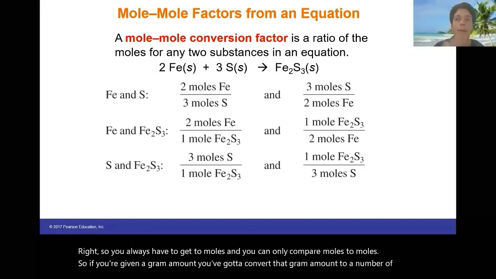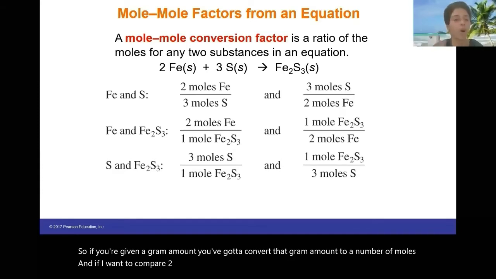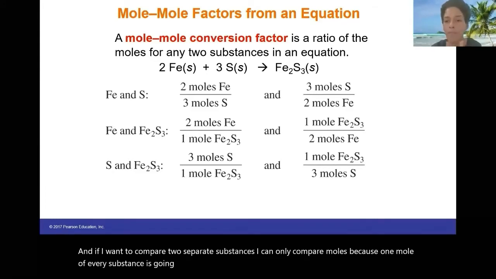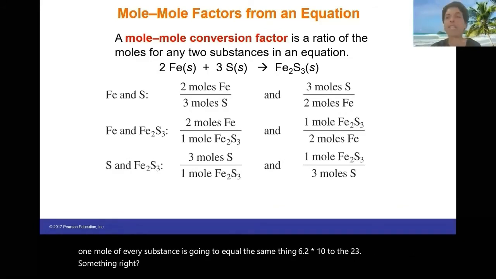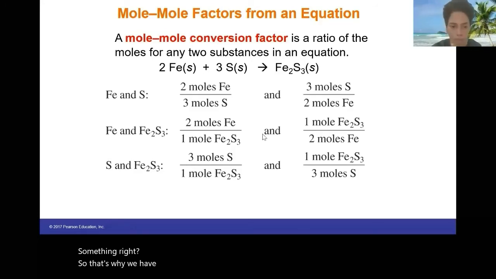And if I want to compare 2 separate substances, I can only compare moles, because 1 mole of every substance is going to equal the same thing, 6.02 times 10 to the 23 something, right? So that's why we have to compare moles to moles.